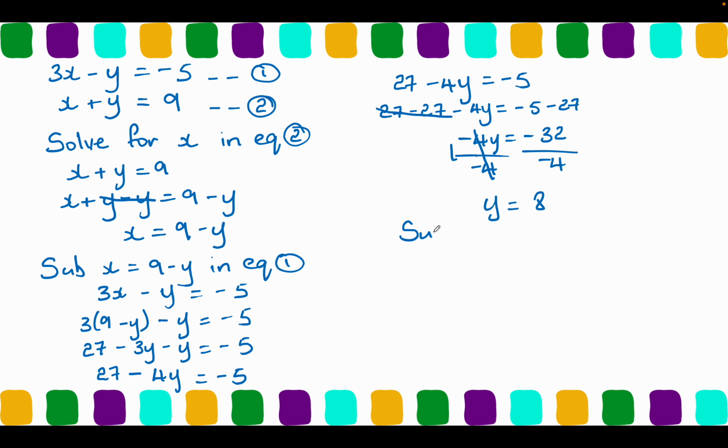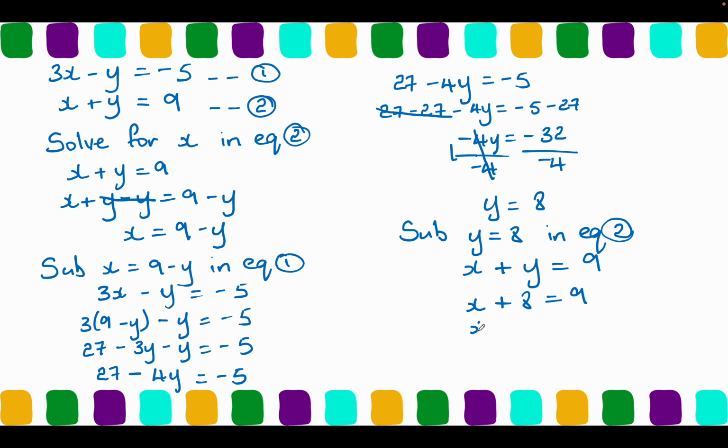So now we have to go again and substitute y equal 8 in equation 2. Now equation 2 was x plus y is equal to 9. We want to find the value of x, so we have to put it back, and then the value of y that we just found was 8, is equal to 9.